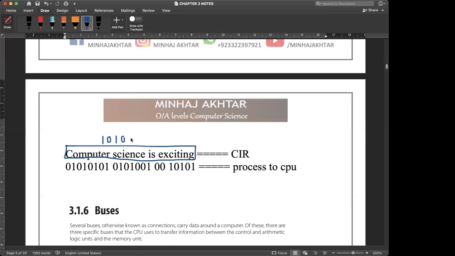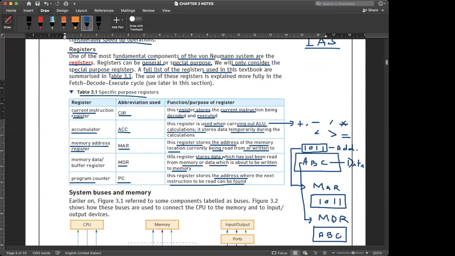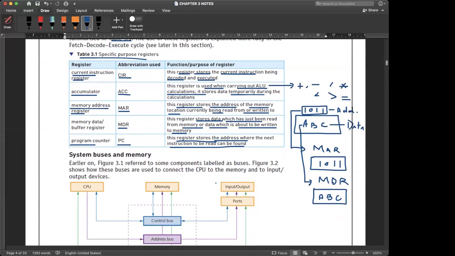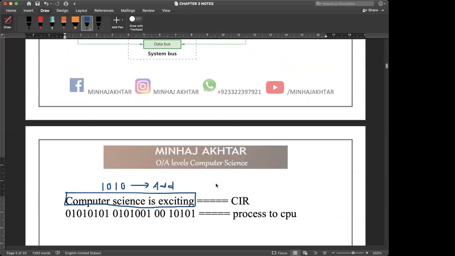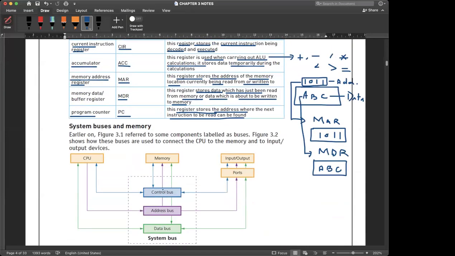This is the address actually. So the PC loads this address, where the next instruction can be read. So after 1011, let's suppose we have 1010. The next instruction's address is going to be stored in PC, program counter.